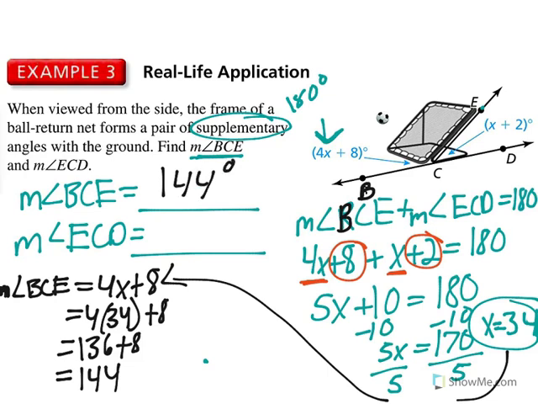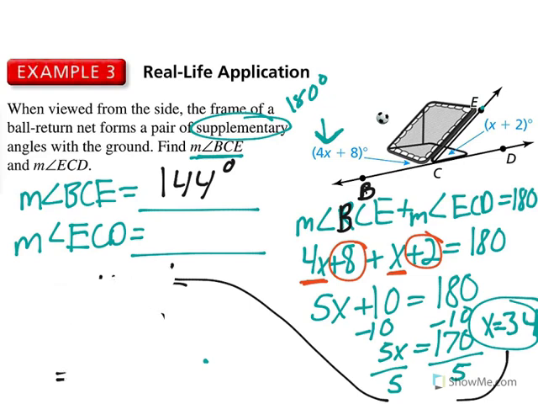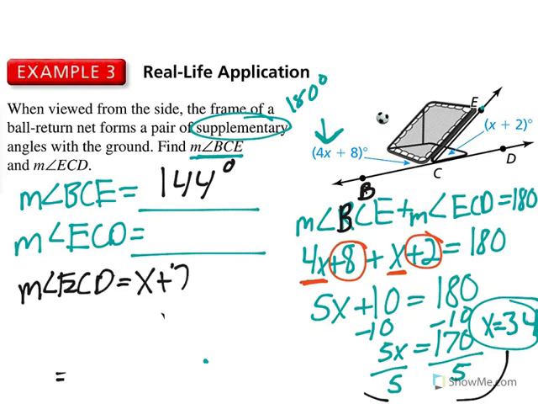Then I need to do ECD. So ECD looks like this other side over here, ECD. So the measure of ECD is equal to x plus 2. So I'm going to substitute in again.